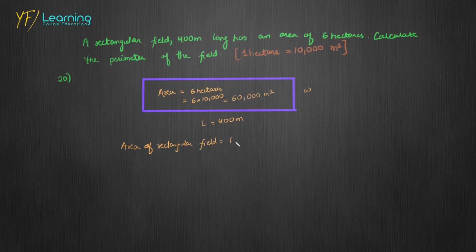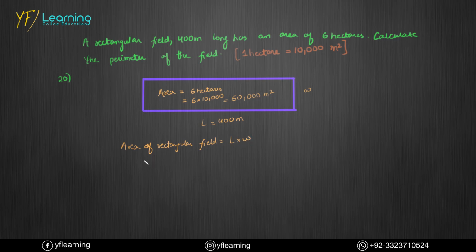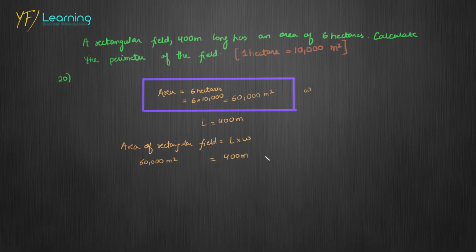Because this is a rectangular field, the area of a rectangular field is equal to length times width. Area is given and it is 6 hectares, which is 60,000 meters square. Length is also given and it is 400 meter times width, which is not given, so write W in place of width. 60,000 meters square divided by 400 meter is equal to width.